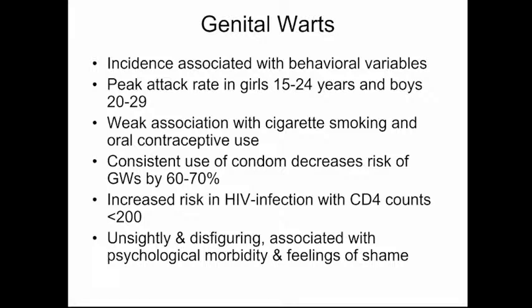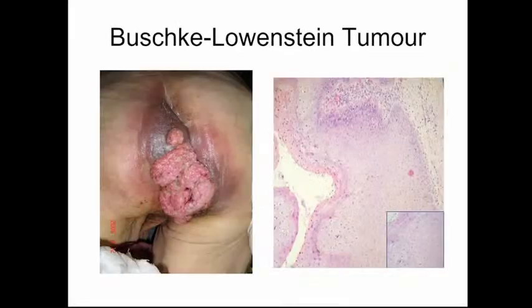This is an example of the Buschke-Lowenstein tumor. This was a male who was practicing sex with men, and you can see a horrible ulcerated cauliflower tumor in the anal region.